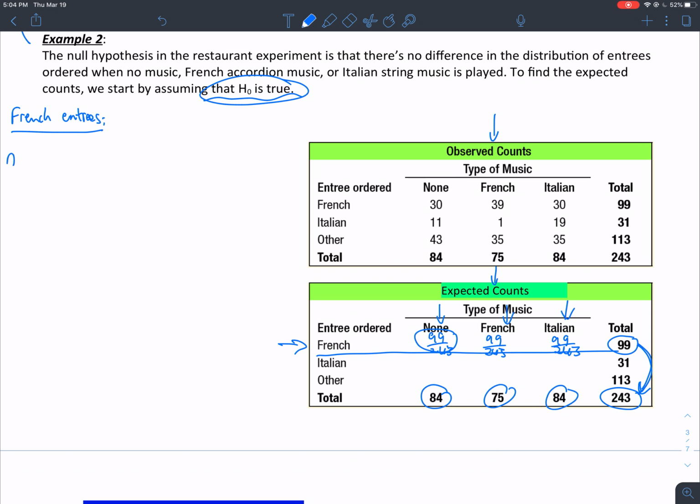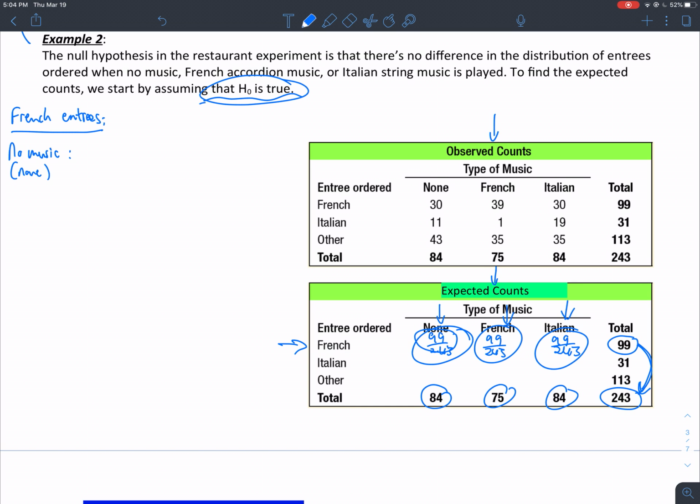So for none, when no music was playing, let me write no music. Maybe that'll be clearer for you. So when no music was playing, which they're calling none, what is my expected count? My proportion is the same. I'm assuming that the distribution is the same.